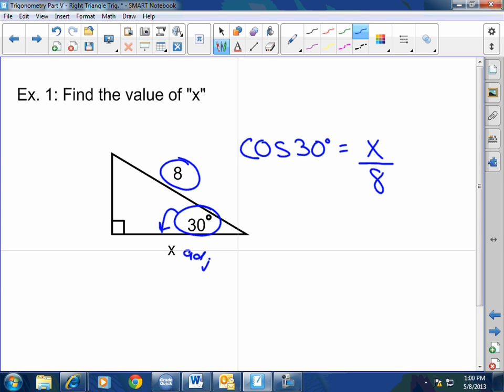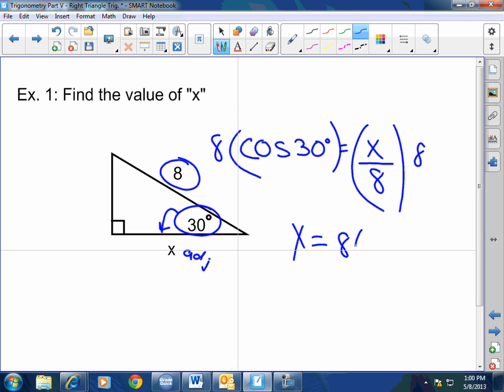Does everyone see what I just did there? That means everyone. Please talk to me. Okay, let's solve for x now. Multiply 8 to both sides. And gentlemen, you're doing trig. I promise you, you're doing trig. Now, simple calculator. Find the cosine of 30 and multiply by 8, gentlemen, please.